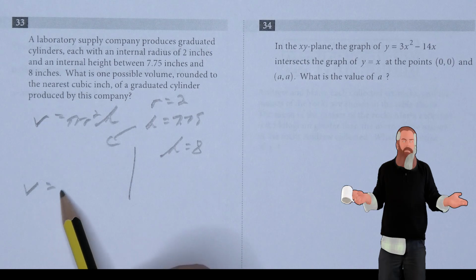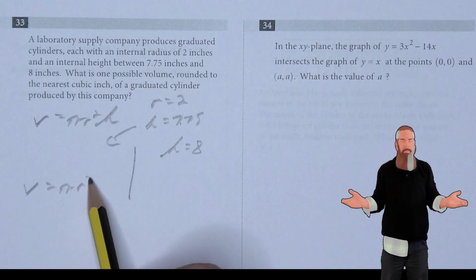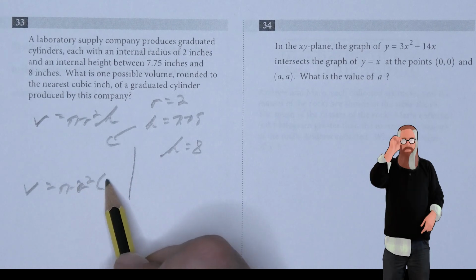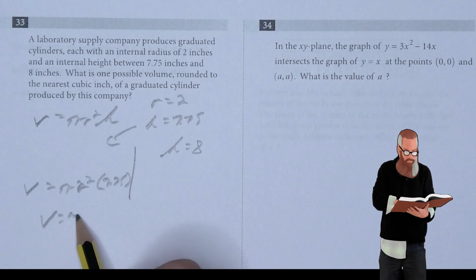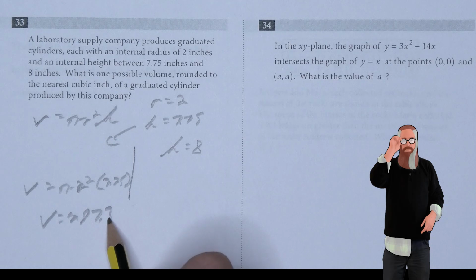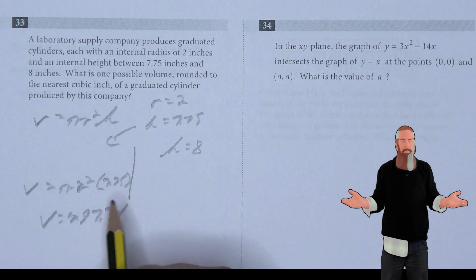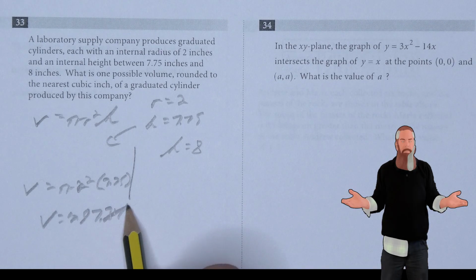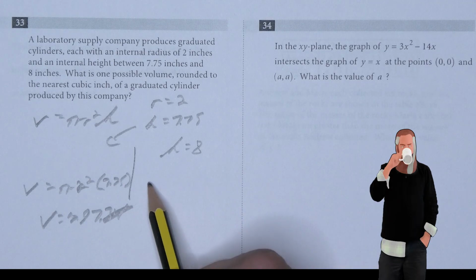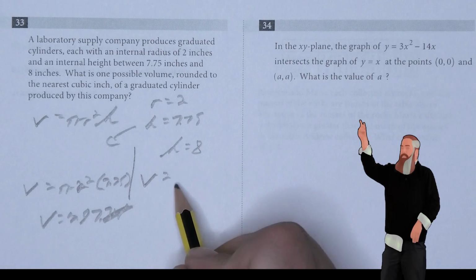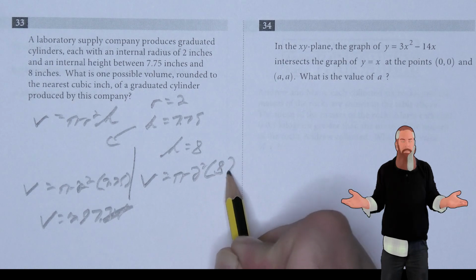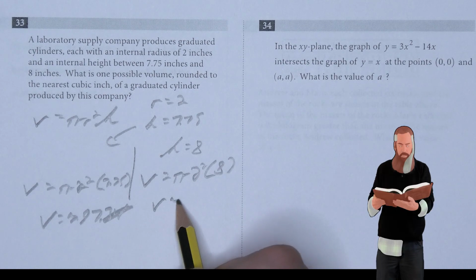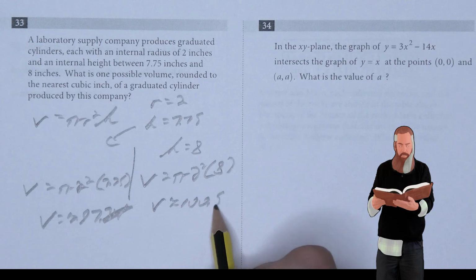This means that the volume is equal to pi times 2 squared times 7.75, which is going to give us a volume of approximately 97.34. But we can only deal with the 97, so we drop off the 0.34. In this case, the volume is equal to pi times 2 squared times 8, which gives us a volume of approximately 100.53.